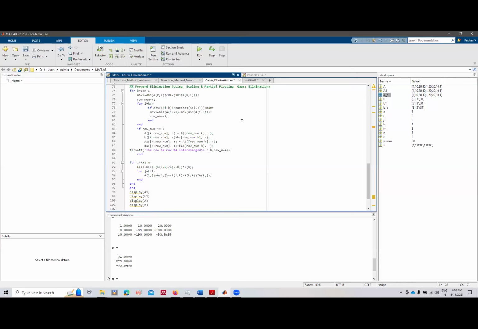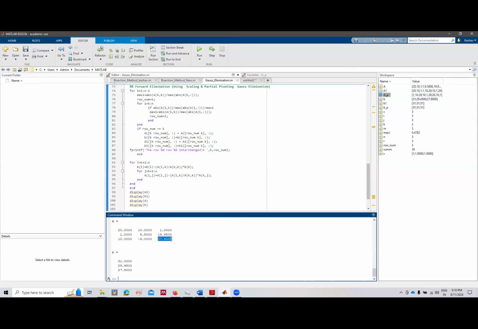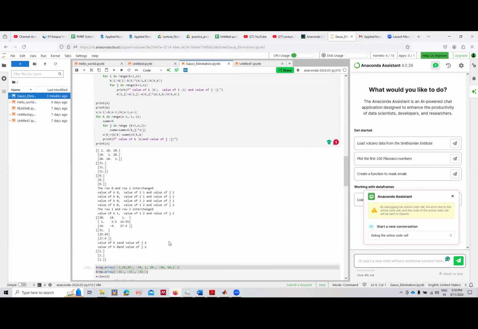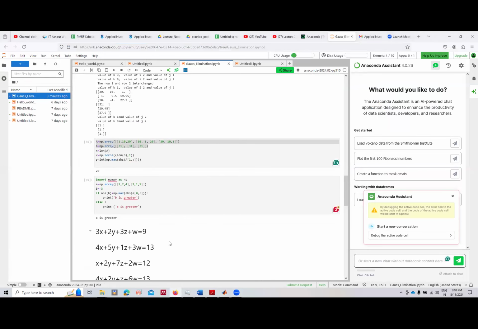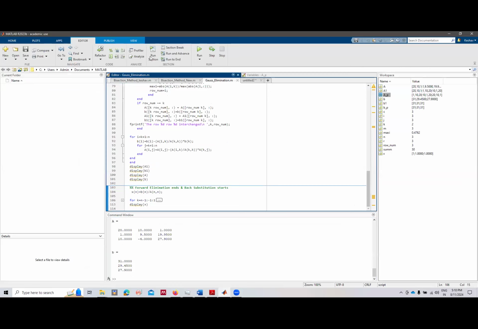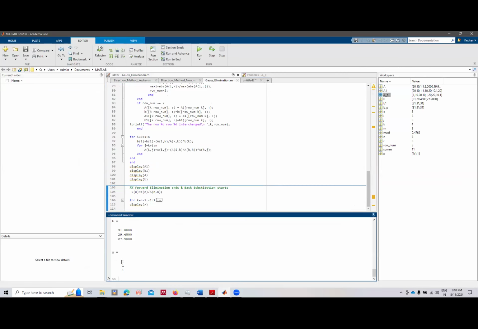See, 27 something in the coefficient matrix last element, and B matrix 27.9. Here also we are getting 27.9. Now if I run the back substitution, see, we are getting the value 111.